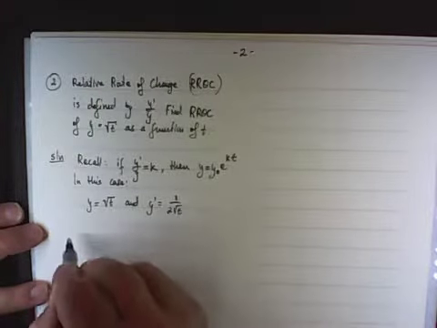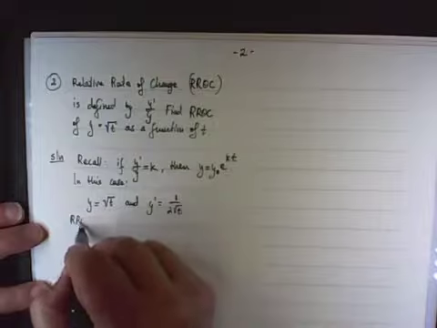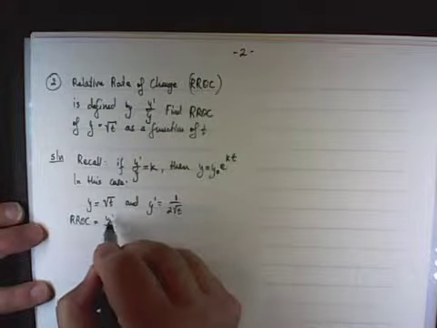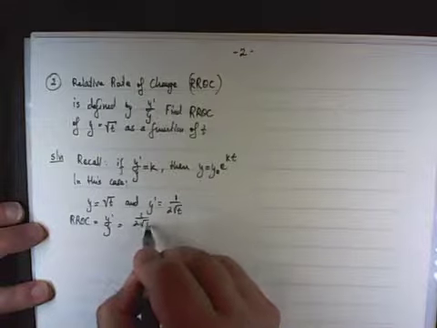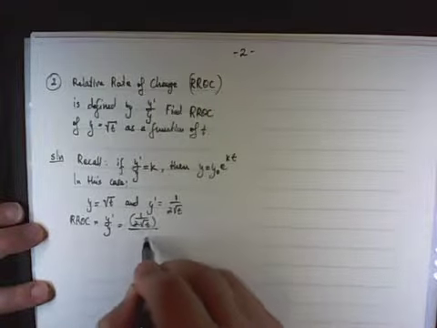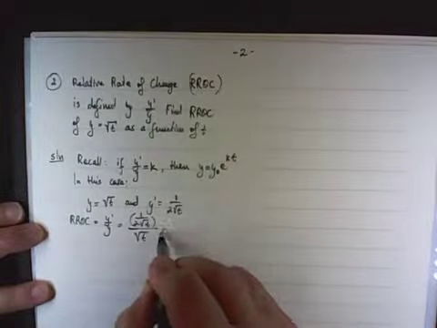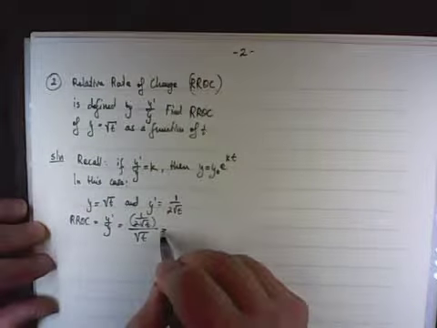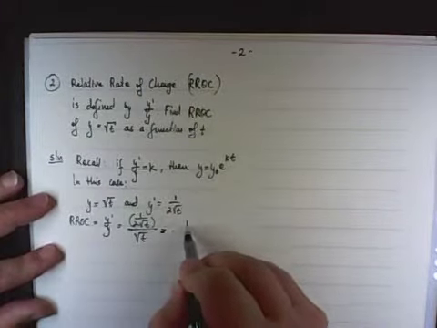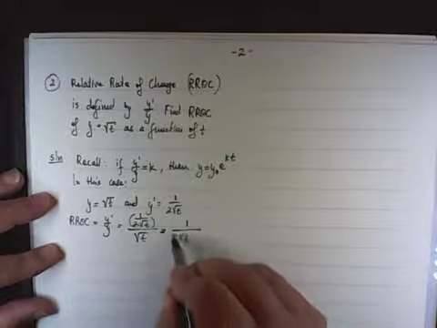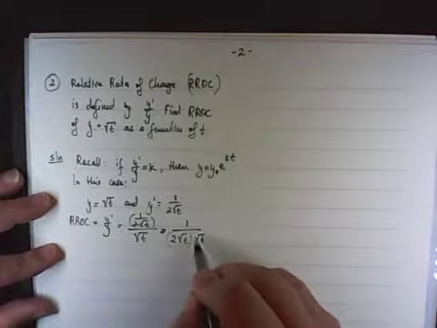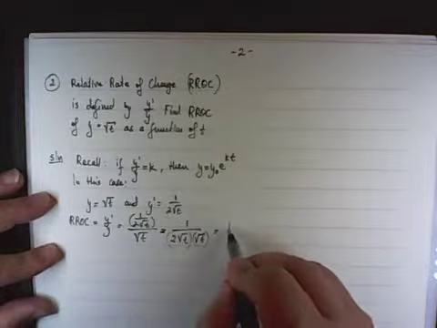And the relative rate of change equals y prime over y, so it will be 1 over 2 square root of t divided by y, which is square root of t. Now it's basic algebra here. It will be 1 over 2 square root of t times square root of t, and eventually we get 1 over 2t.